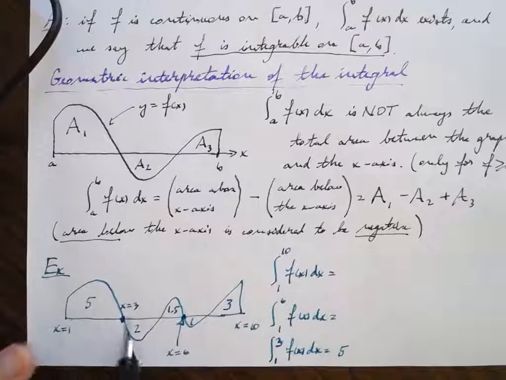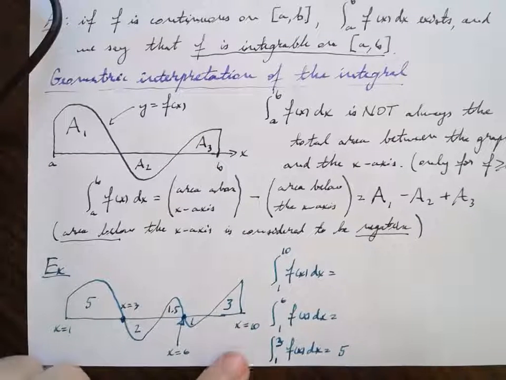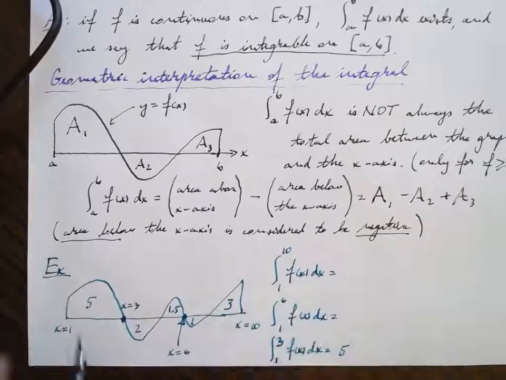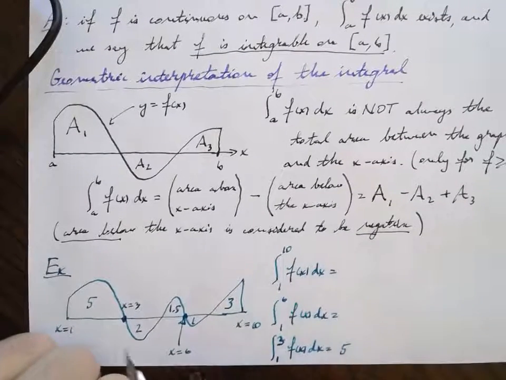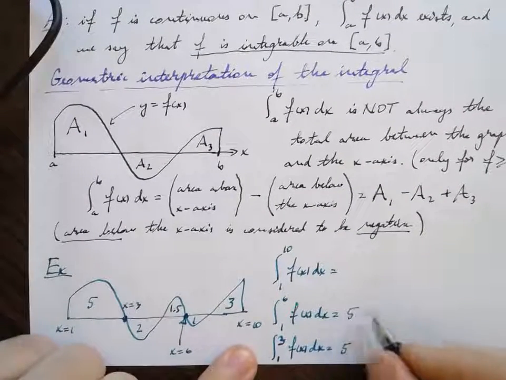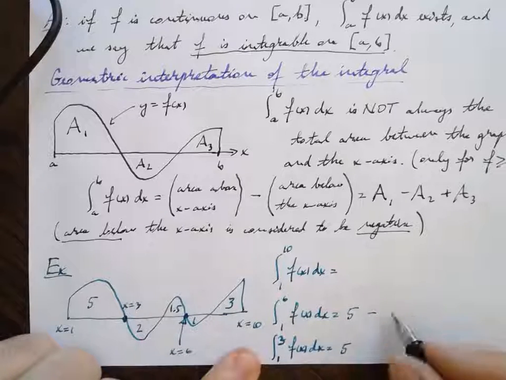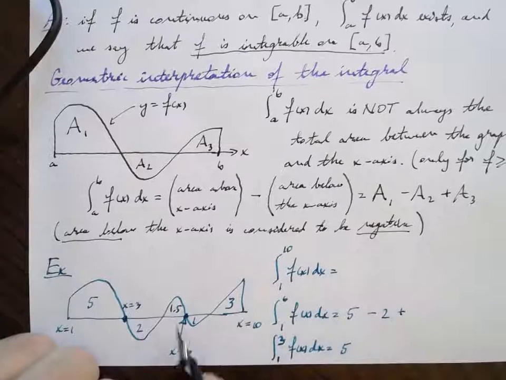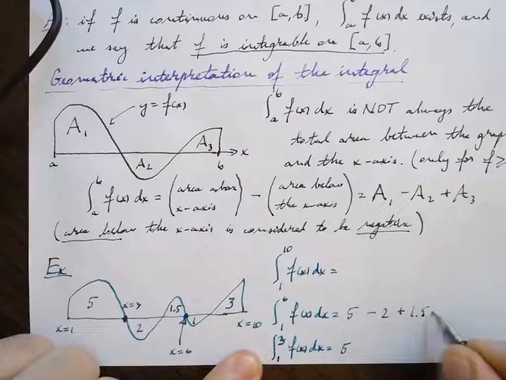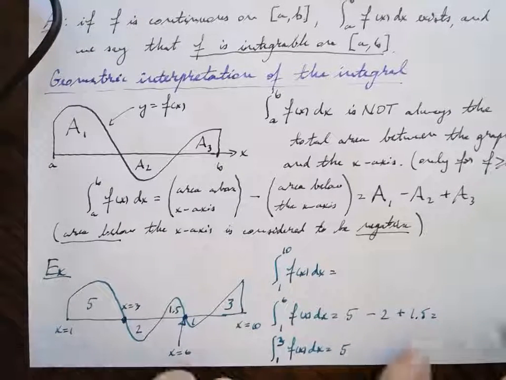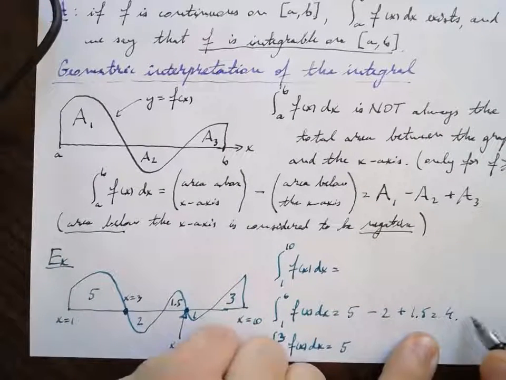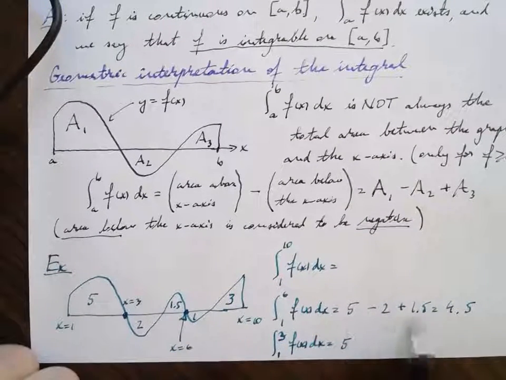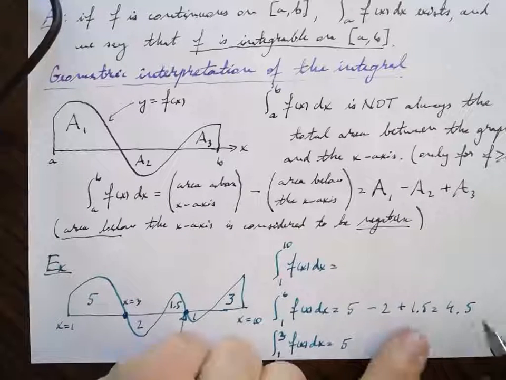Right, so it's the actual area because here it's positive. But if I go between 1 and 6, it's the area that's above, so 5 minus the area below, so 5 minus 2, plus I still have this part, 1.5. So it's 3 plus 1.5, it's going to be 4.5. It's not the sum of all these three, which would be 8.5. It is just 4.5.